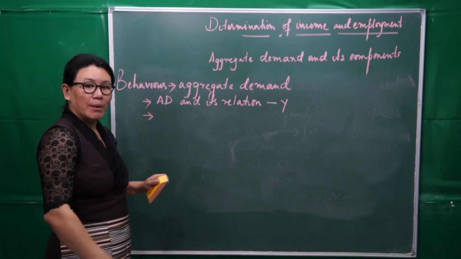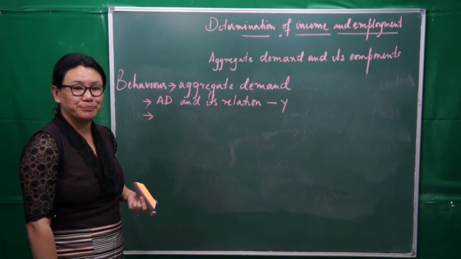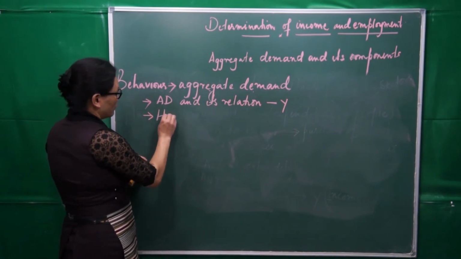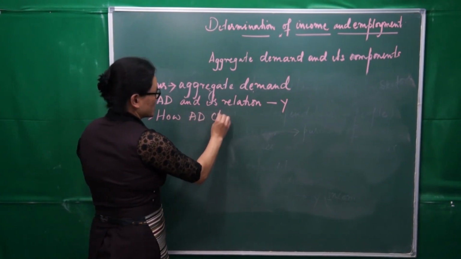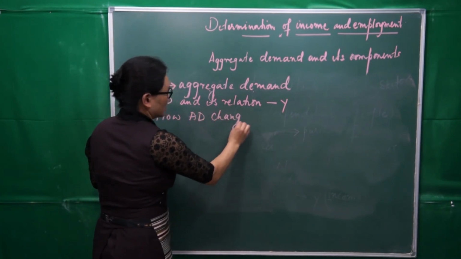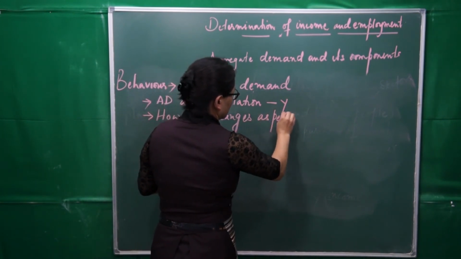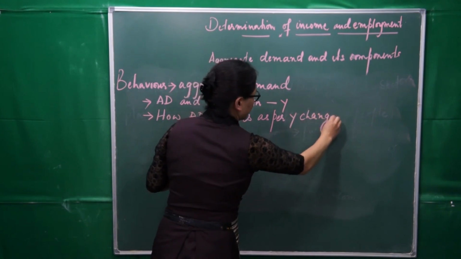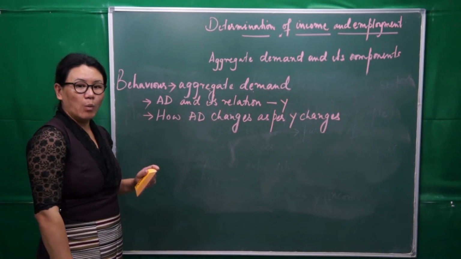When we talk about the behavior of aggregate demand, it means how AD changes as income changes. So now what does this behavior show?